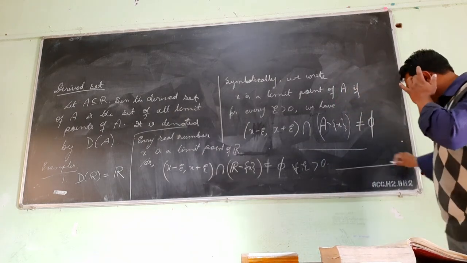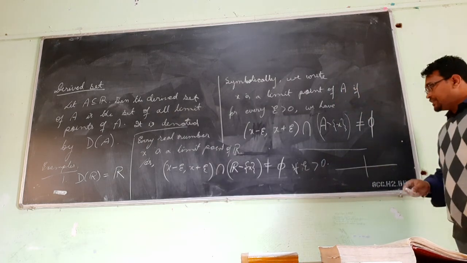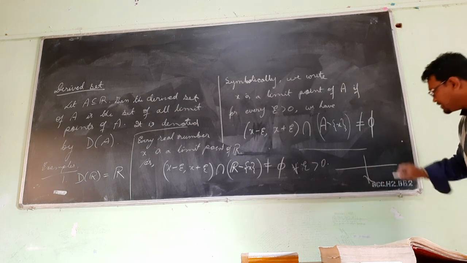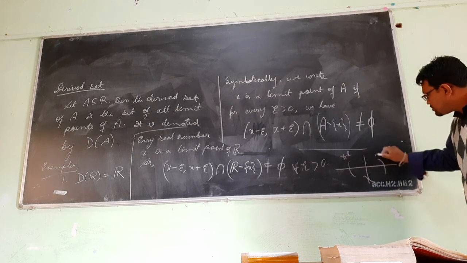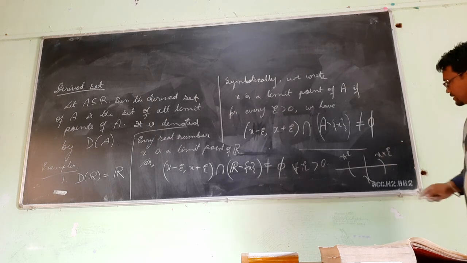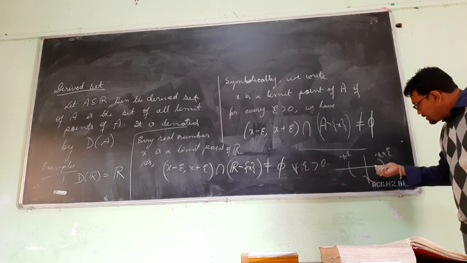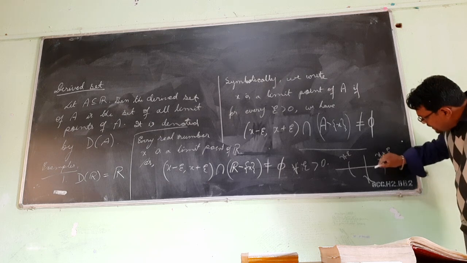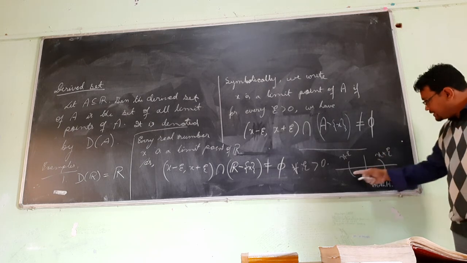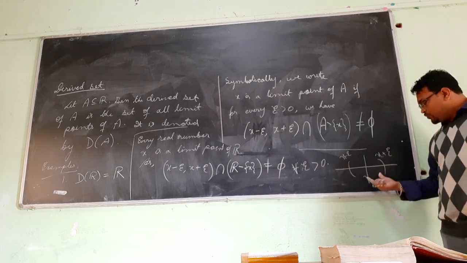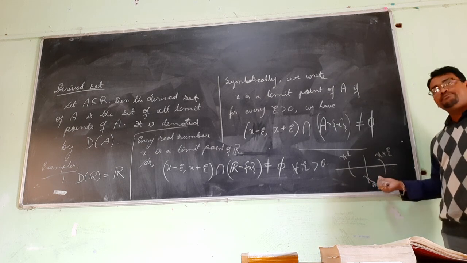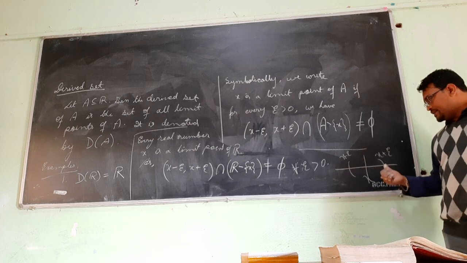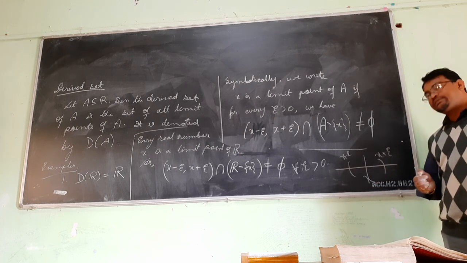Whatever epsilon you take, this intersection is never empty. Epsilon is a positive quantity. So can you find a point inside this neighborhood which is different from x?